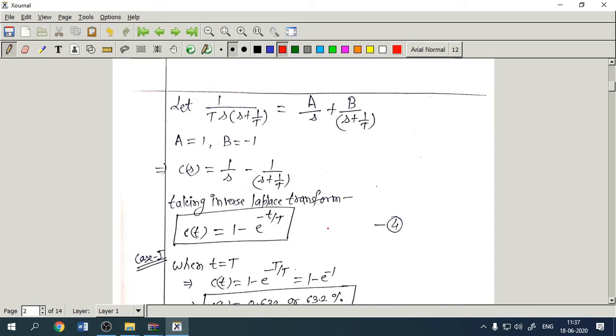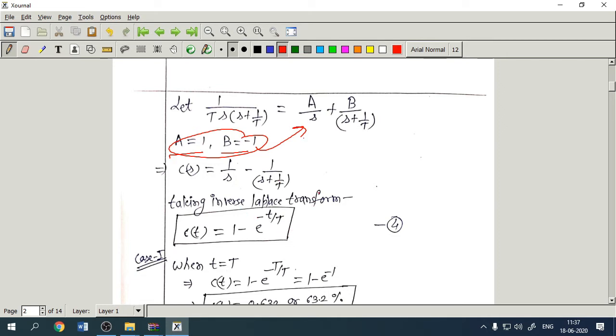Then by using partial fraction, we will find A is equal to 1 and B is equal to minus 1, right? Then we will put these values in this equation. Then C(s) equals 1 divided by s minus 1 upon (s plus 1 by T).